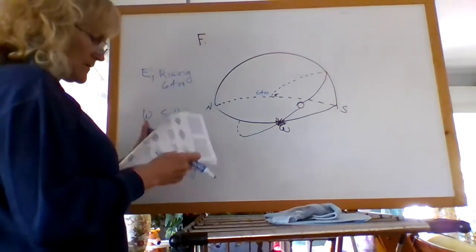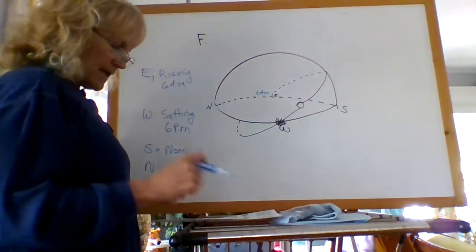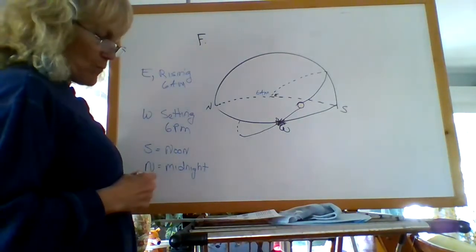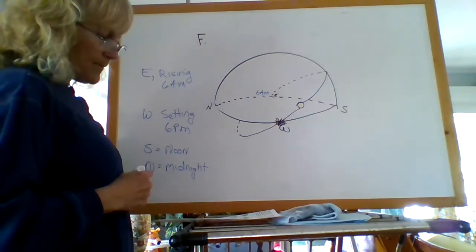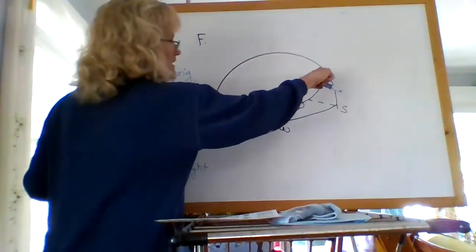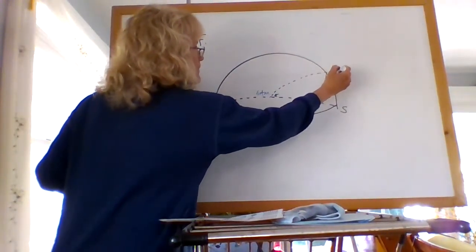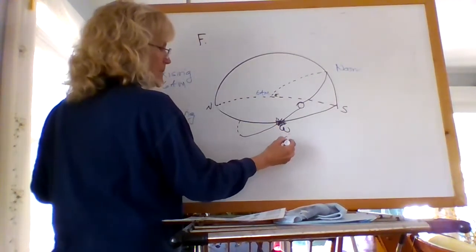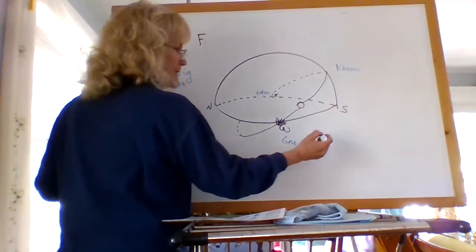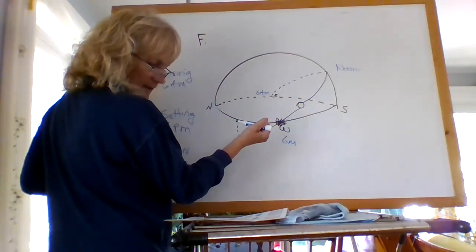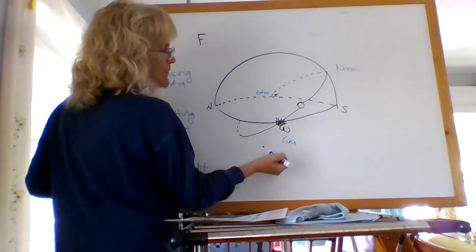So when I look at this diagram, it's basically asking me what is my moon position? Well, I could say if this is going to be noontime, 12 noon, and this is going to be 6 p.m., what is my position?